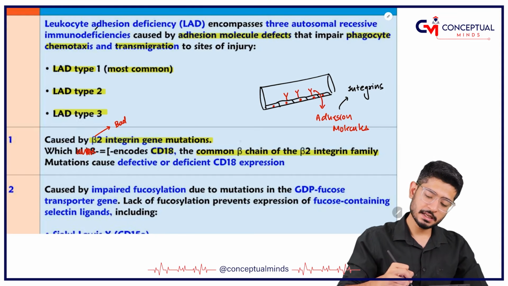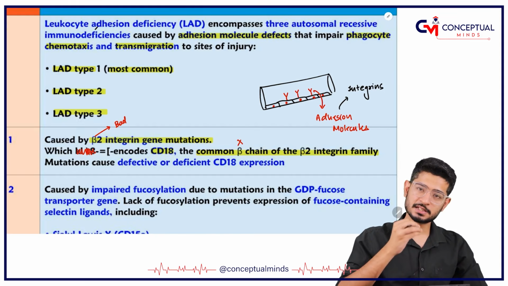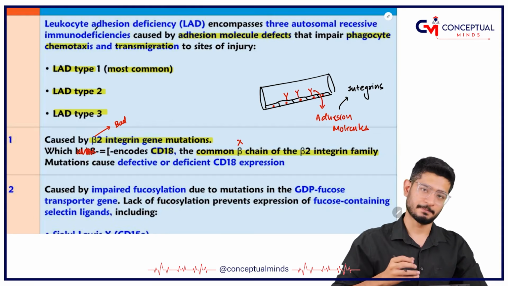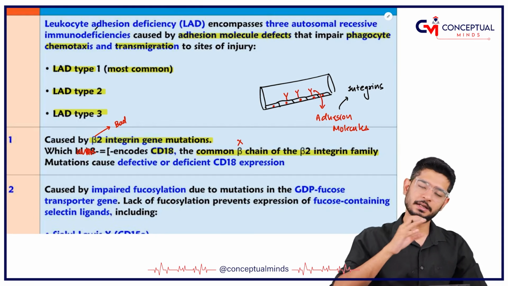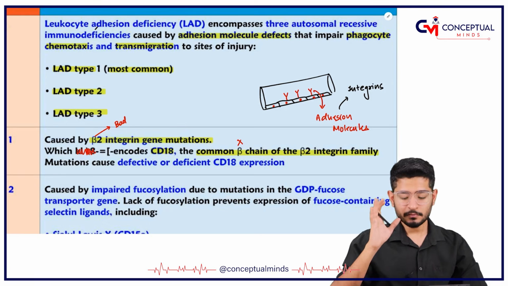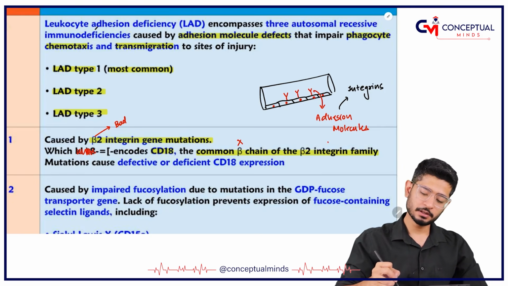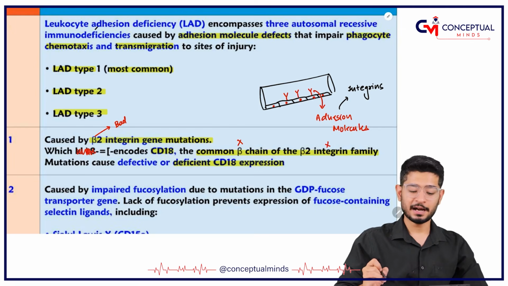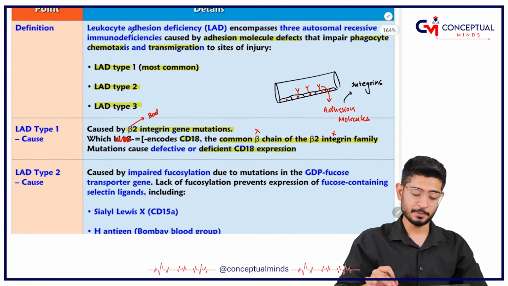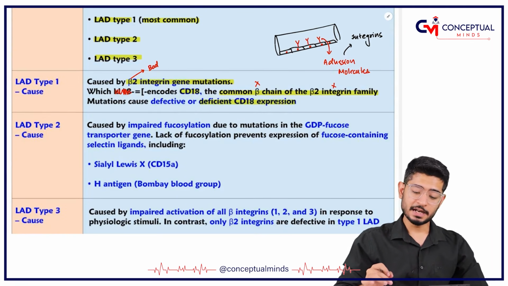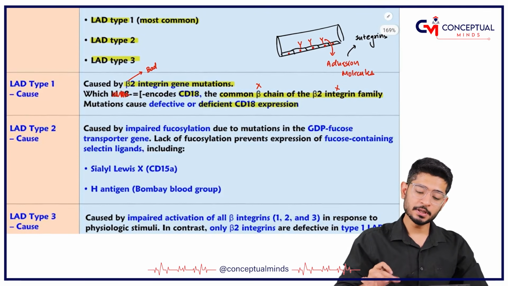So if the beta chain is defective, this beta chain is also called CD18. CD18 and beta chain are actually the one thing only. So the beta chain is not formed, that's why the beta 2 integrin family has got nothing. So there is a deficient or defective CD18 expression, and there is a gene mutation which happens in type 1. Whereas in type 2, what is going to happen?